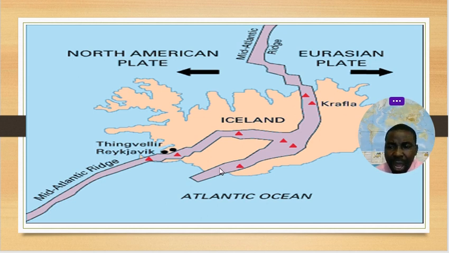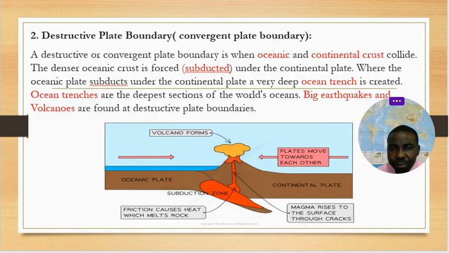Now we need to look at the second type of plate boundary. We've looked at the first type, which we call constructive or divergent. Now, the second one is called destructive plate boundary or convergent plate boundary. At this point, it involves oceanic and continental plates.